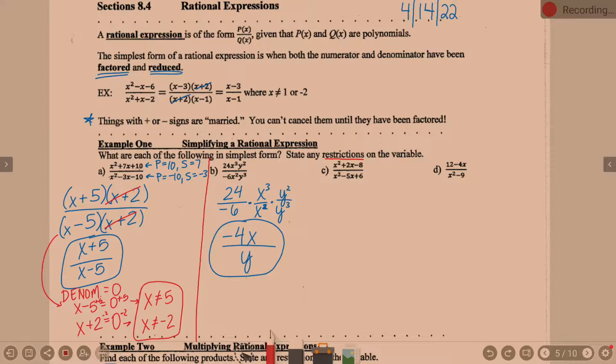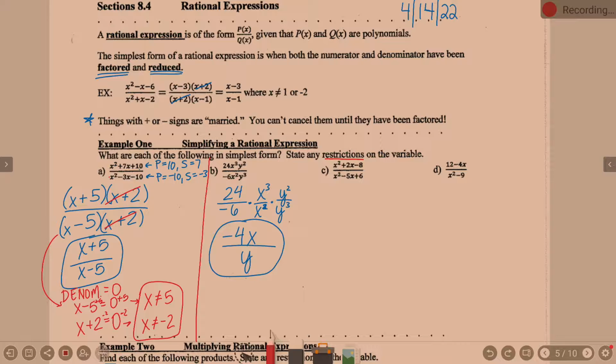We're looking for restrictions on the variables. So as you look in your denominator, what kind of factors or variable pieces do we have in the denominator? Well, go back even before just y, but definitely a y, but we have to go back before. We had a negative 6 in the denominator, but negative 6 is just a number, right? It can't ever be 0.